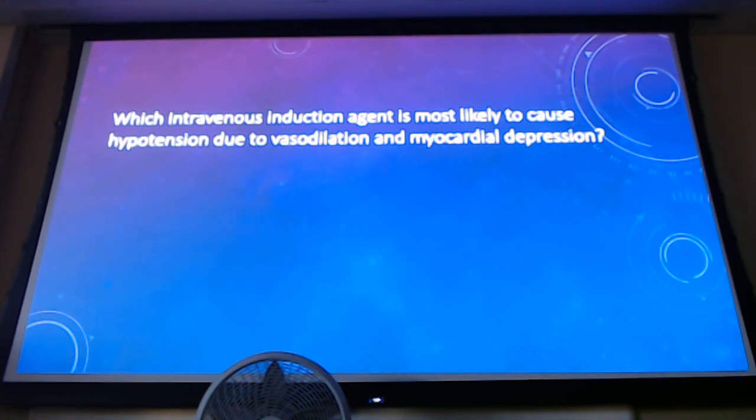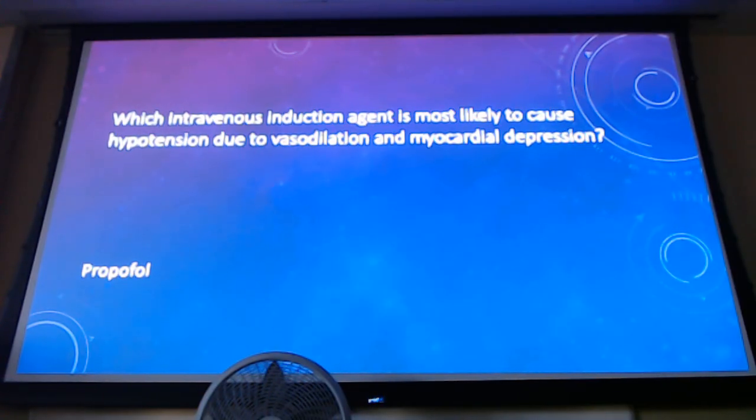All right, which intravenous induction agent is most likely to cause hypotension due to vasodilation and myocardial depression? Propofol. Good. So if you have somebody you're doing conscious sedation on in the ER, and they're already hypotensive, do you think you're going to use propofol?